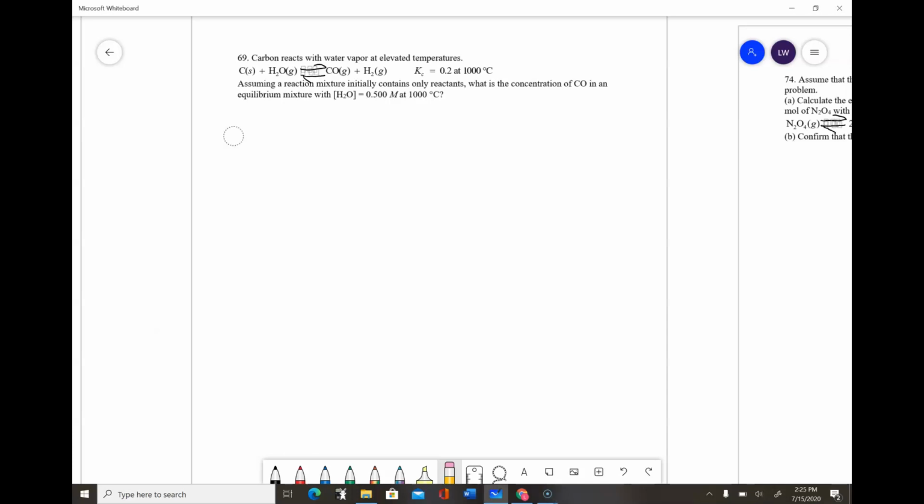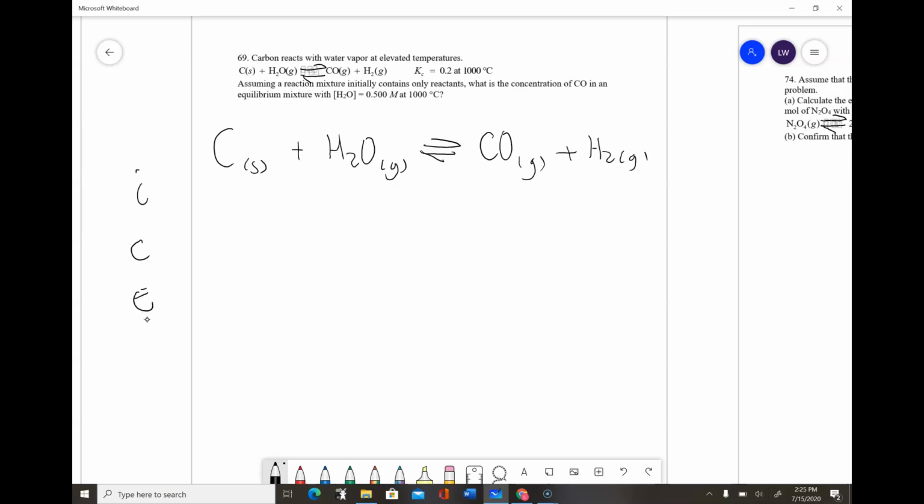So I'm going to write my equation. Carbon solid plus H2O gas in equilibrium with carbon monoxide gas and H2 gas. And then I'm going to go initial, change, and equilibrium.